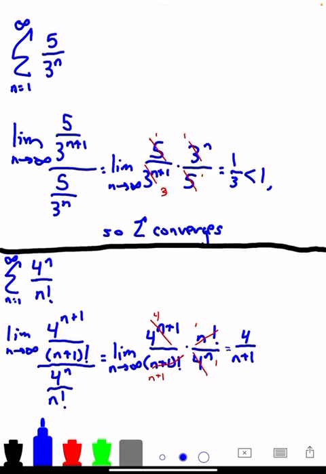Now, we can remember our old rules that we've learned previously, and we don't have to go through them, but we can remember, and we go back and look at this, we'll know that this is actually approaching 0. All right, so 0 is less than 1.